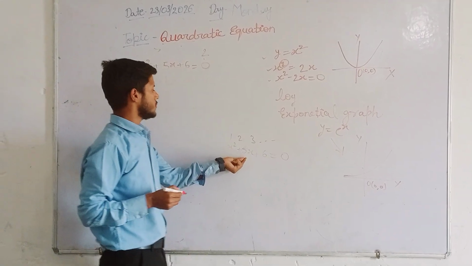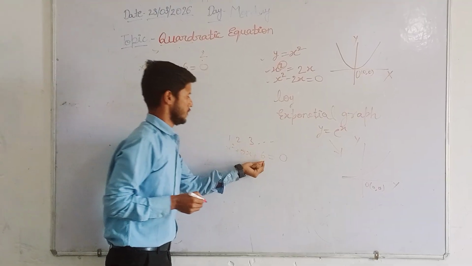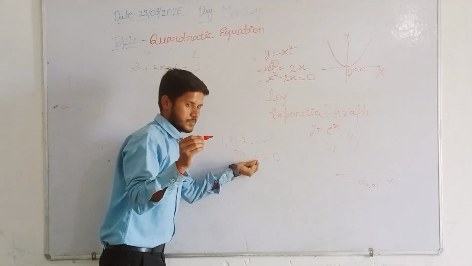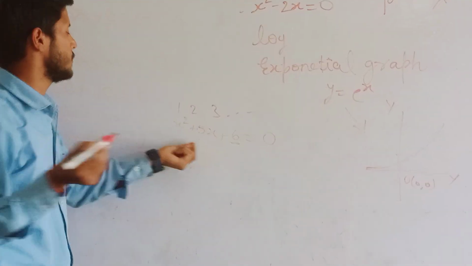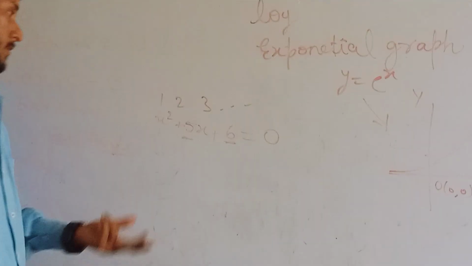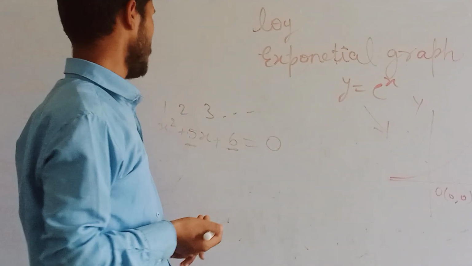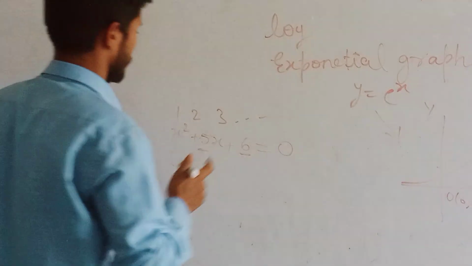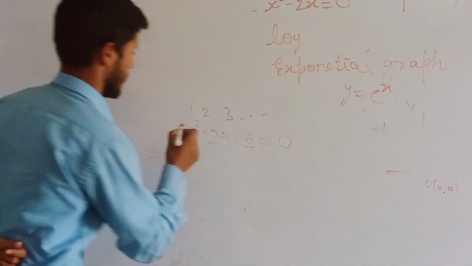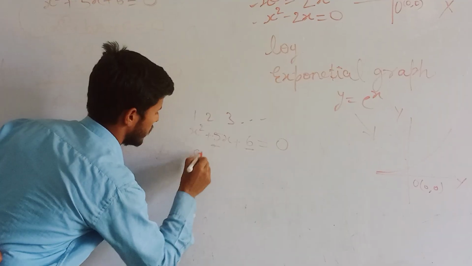Here the product of two numbers should be 6 and the summation of those numbers should be 5. Then think, what are the numbers?